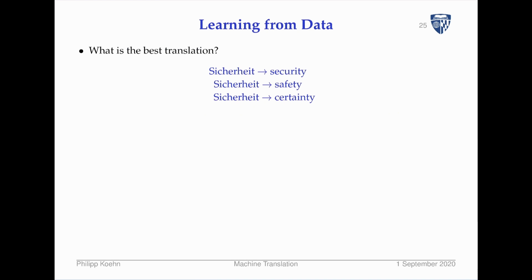Even as English speakers, we can probably appreciate that security and safety are closely related. It's not quite clear what the difference is between security and safety. And then there's the word certainty, which is kind of in that realm. So it's not as stark a contrast as, let's say, the different senses of bank or of interest, but there are still points where one word is appropriate and other times another word is appropriate.